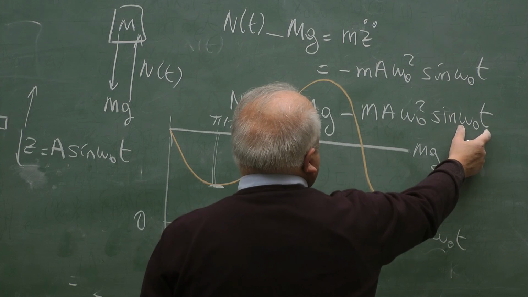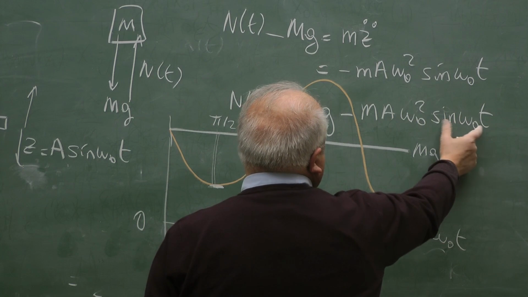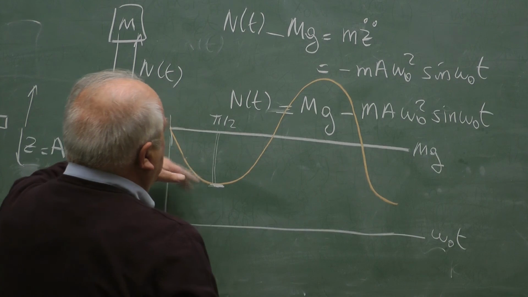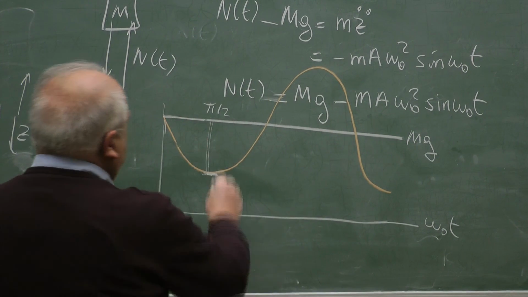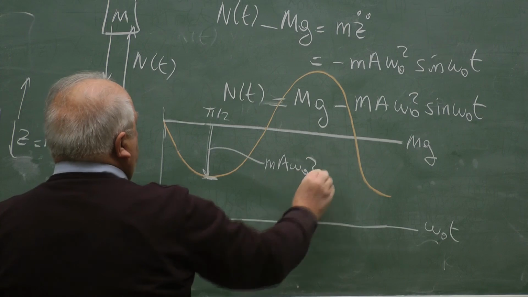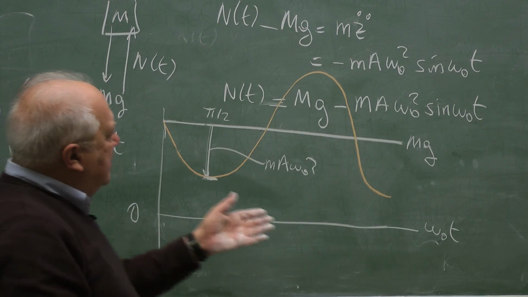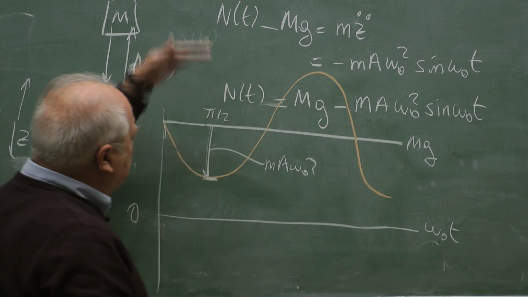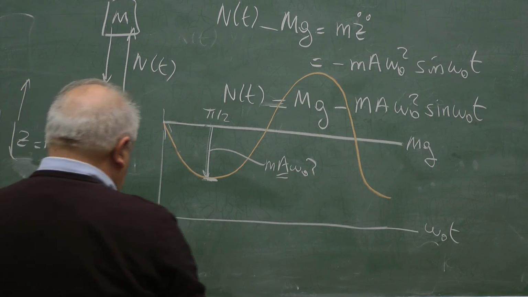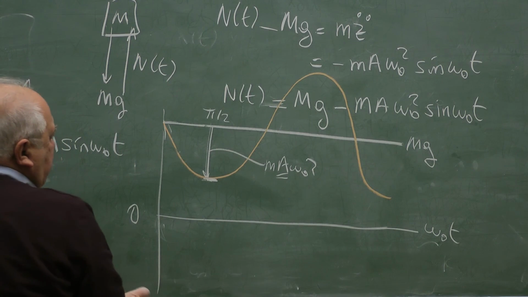So when omega 0 t is pi over 2, this is 1. Okay. So mg minus ma omega 0 square. So this part is ma omega 0 square. So if you increase the amplitude of the oscillation, so a is increasing, this thing is going further down and further down.